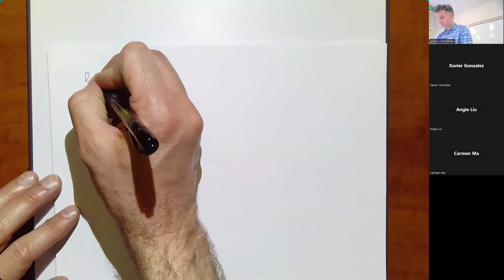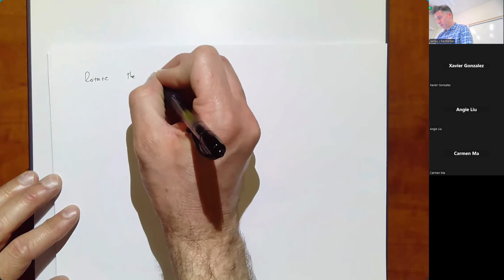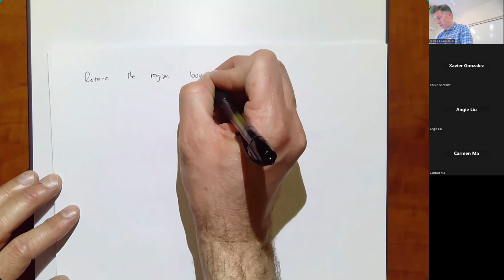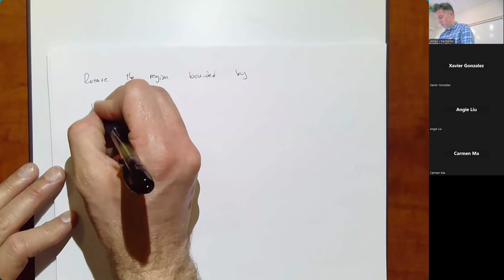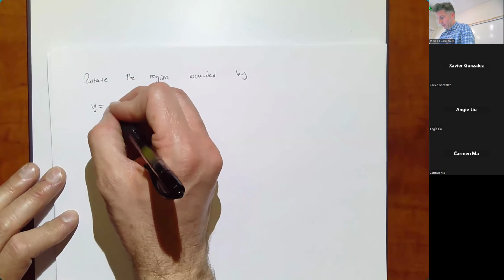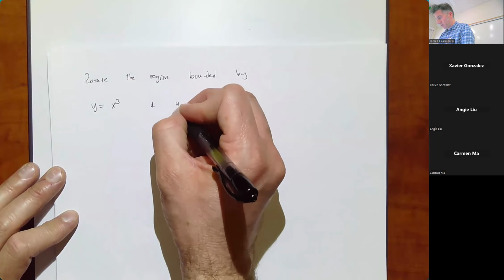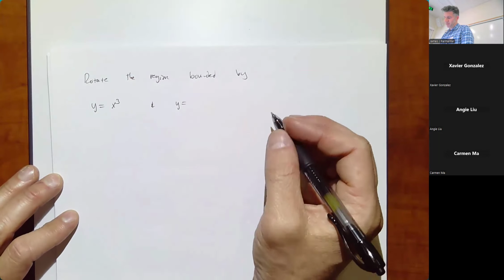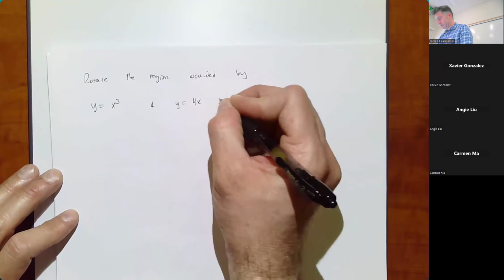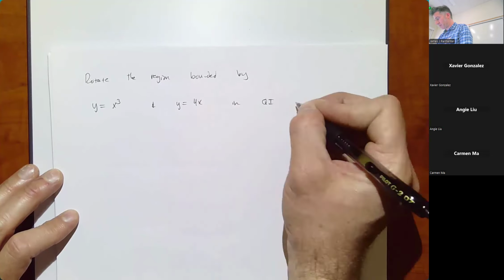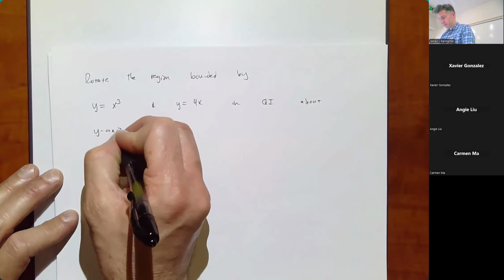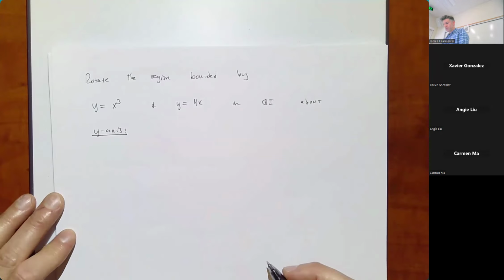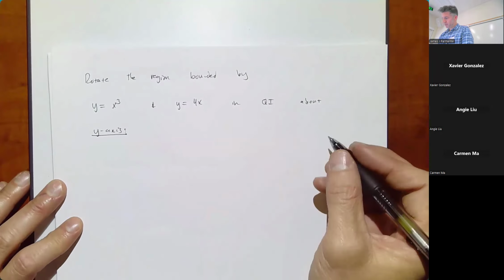Let's say that we were rotating the region bounded by y equal to x cubed and y equal to, what I like here, 4x in the first quadrant about the y-axis. Find the volume.